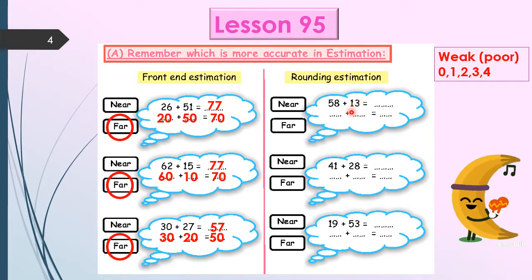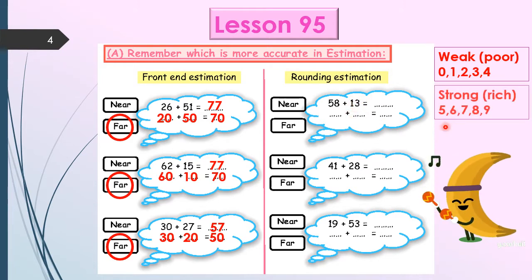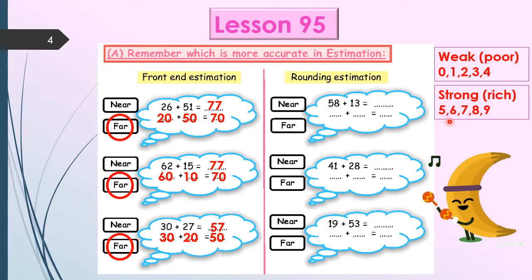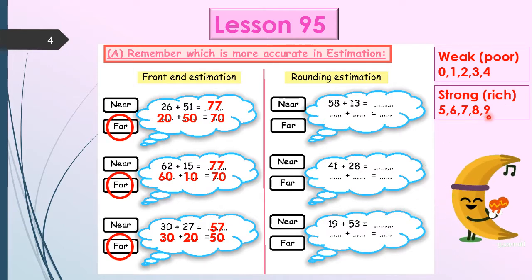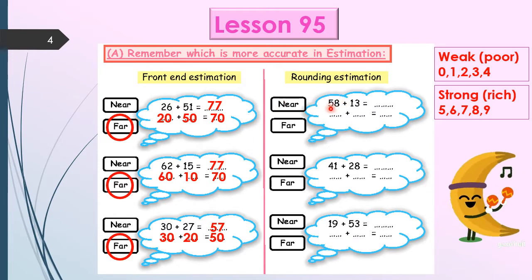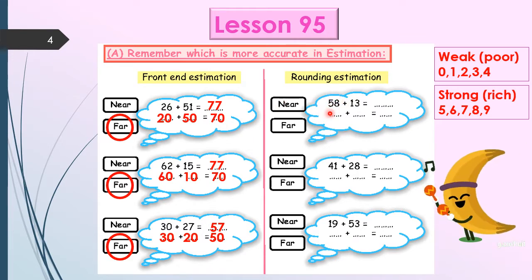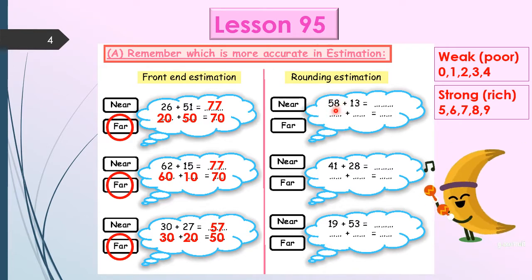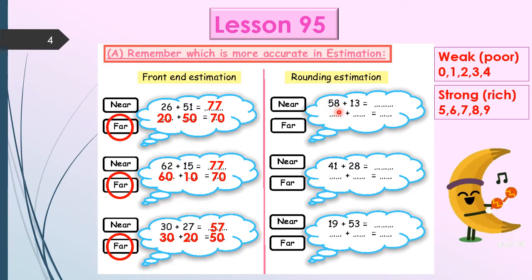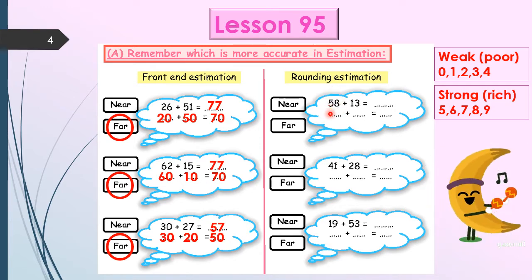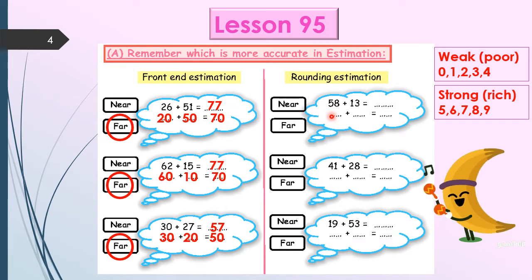But if I find strong or rich numbers like 5, 6, 7, 8, or 9 in the ones place, then I will add 1 to the tens place. Like 58, I will add, because 8 is a rich or strong number. It will add 1 to our tens place to be 60, because it's closer to it.